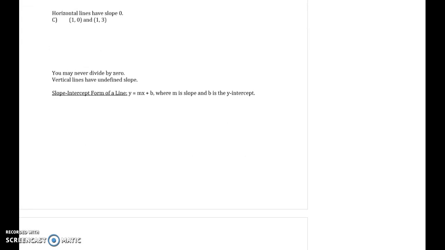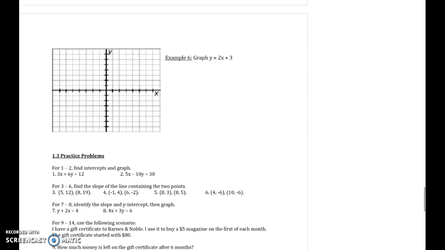Slope-intercept form of a line: y equals mx plus b, where m is the slope and b is the y-intercept. You will understand why b is the y-intercept, because when x equals 0, y equals b. Let's graph y equals 2x plus 3. It will be a good way to end this video.